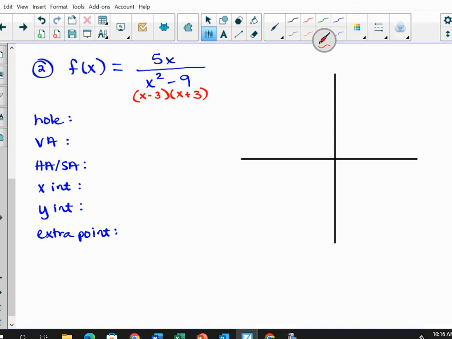We'll see how we did so far. So the denominator factors, but does anything cancel out? Nope. So again, you do not have a hole.